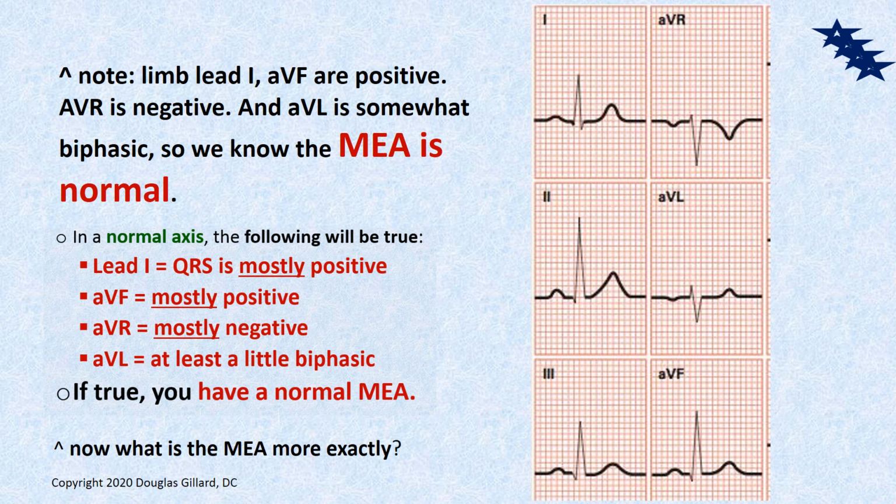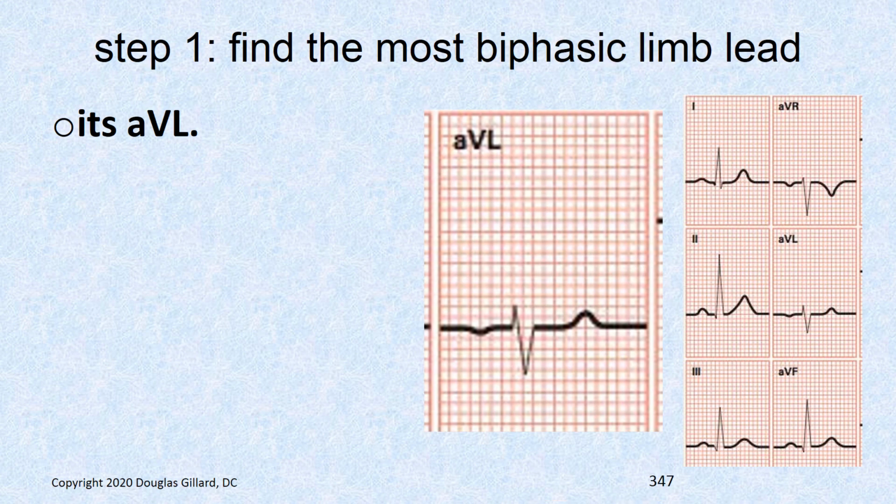All right, so there's everything I just went through. But now, how do you find the exact mean electrical axis? So step 1, find the most biphasic limb lead. We already said, here's the limb leads. Which one is more biphasic? It's not super biphasic, but that'll work. So AVL, done with step 1.